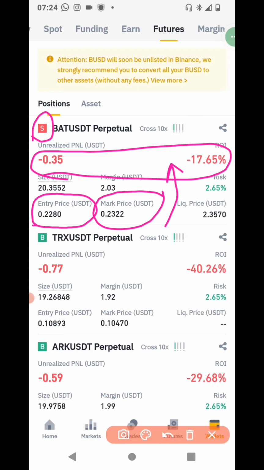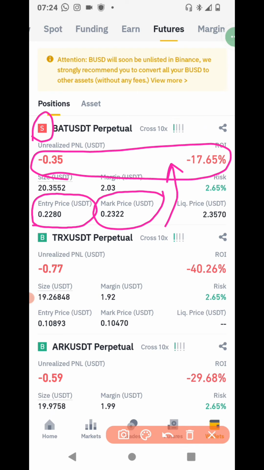Now let me tell you what that negative is all about. This minus 18% is not 18% of your total capital. No, it's 18% of your money that is in this particular trade. How much is being traded for me in BAT? It is actually $2.03.